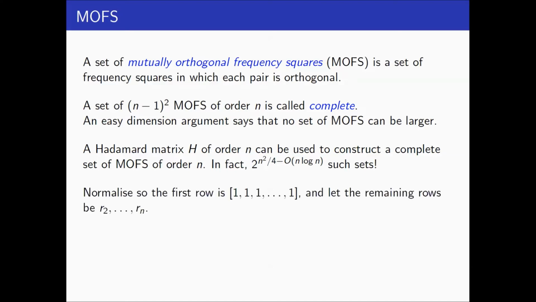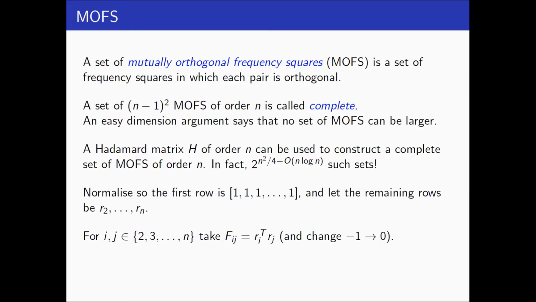Okay, so what's the construction? You just take your Hadamard matrix, normalize the first row, so it's all ones, and then your remaining rows are balanced orthogonal plus one minus one vectors, and then take all of the rank one products that you get from these rows.